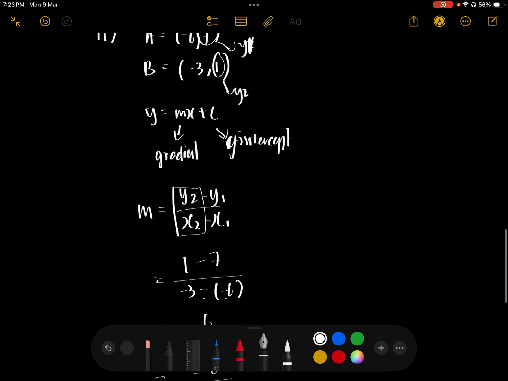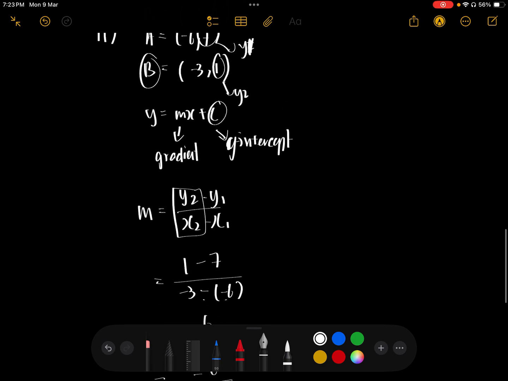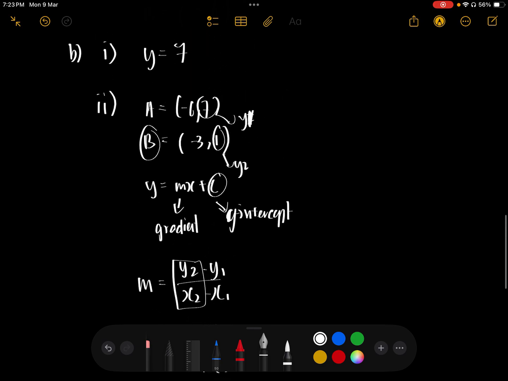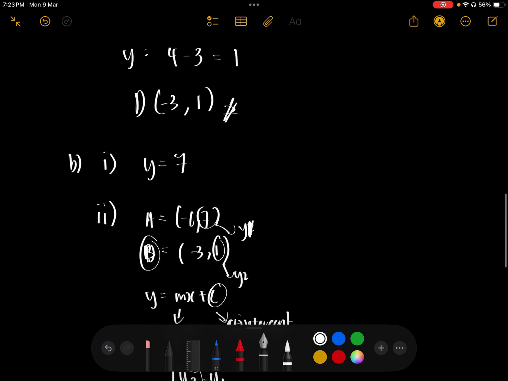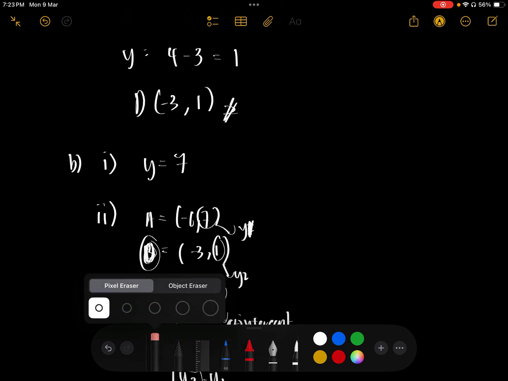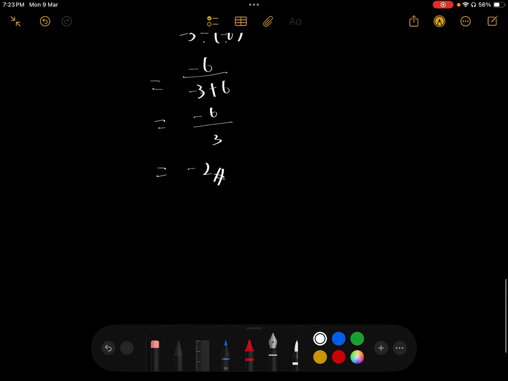Here's your gradient. And to find your c, let's just sub in one of the points, which I'm going to choose negative 3 and 1. So that's your point D, my goodness. So y equals to 1, x equals to negative 3, m equals to negative 2.